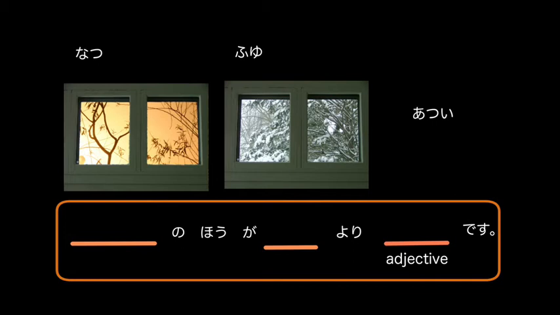Natsu for summer, fuyu for winter, and atsui meaning hot. Natsu no hou ga fuyu yori atsui desu. Summer is hotter than winter. In most cases that is a fact. Natsu no hou ga fuyu yori atsui desu. Placing the names of the two objects we're comparing and the adjective into the correct place of the sentence.